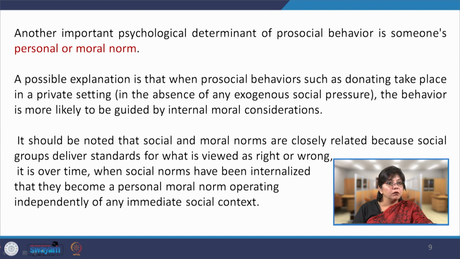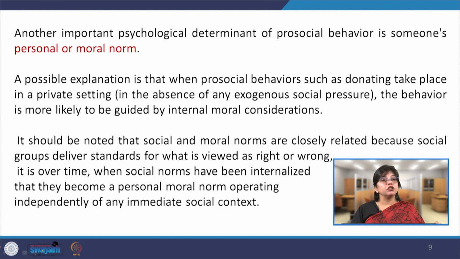Now, under such circumstances, that is personal or moral norm, the person actually understands the concept of right and wrong, based on social responsibility, and while understanding what is right and wrong, they internalize the concept of helping, and that becomes a personal norm, not a social norm.